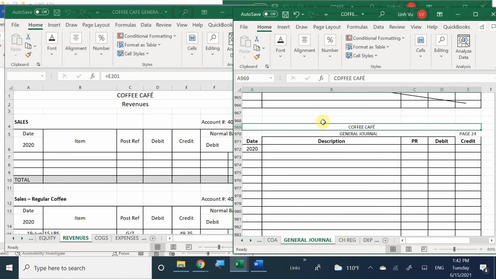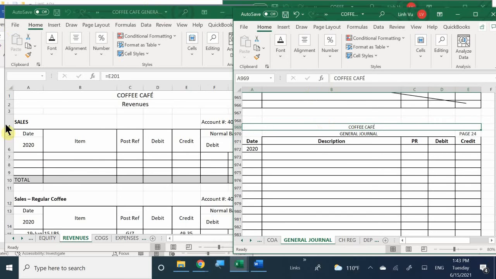We always credit our sales account. So in order to zero out our revenue accounts, bringing them back down to zero, we're going to debit each sales account into the income summary.